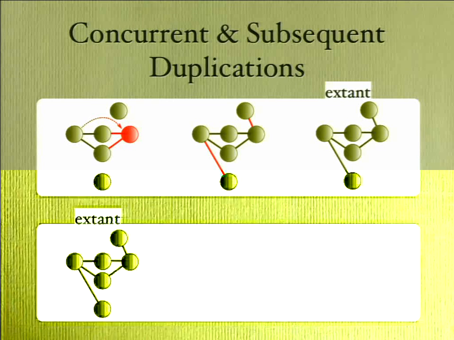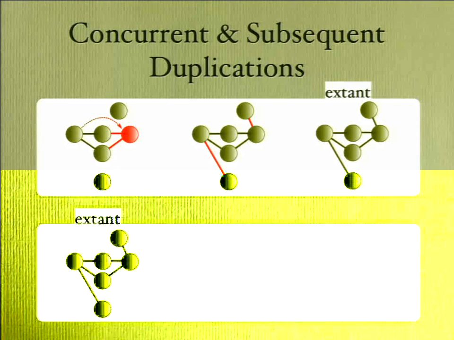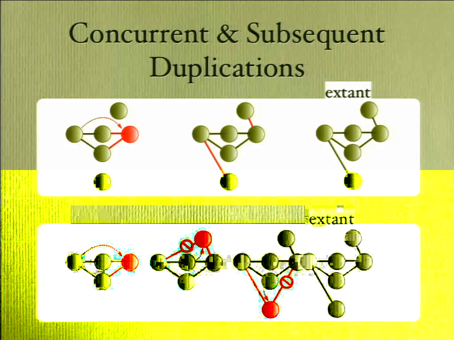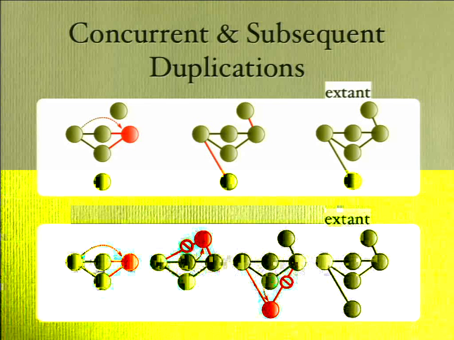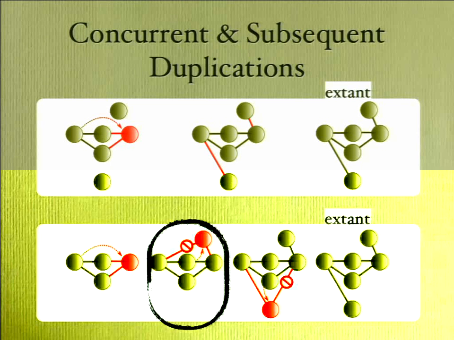However, getting back to that initial bullet point, the entire network is evolving. Okay? Those duplicates that you're looking at aren't the only thing that's evolving in your network. Let's look at this scenario. After the initial duplication, one of the interacting neighbors of that duplicate pair also has a gene duplication event, and you lose some interactions due to subfunctionalization.